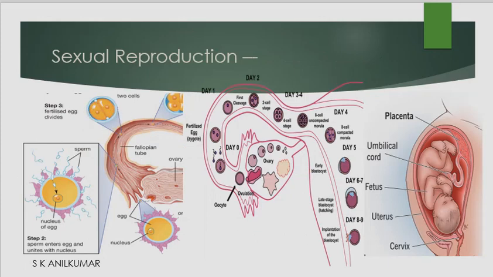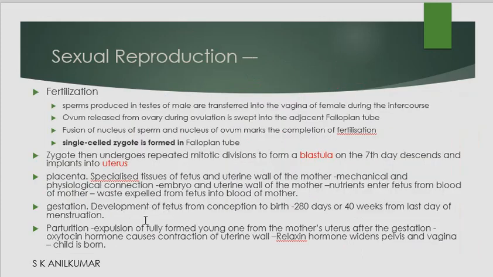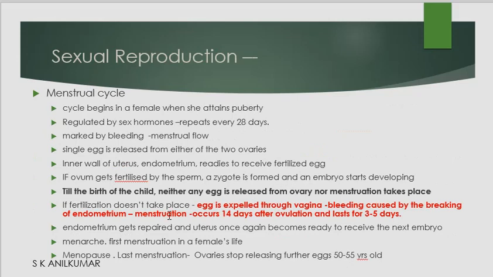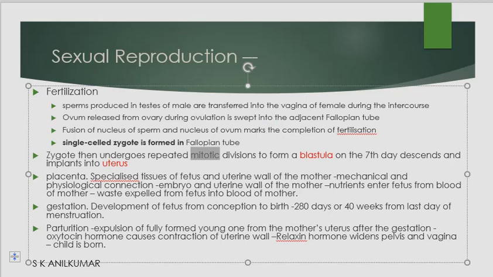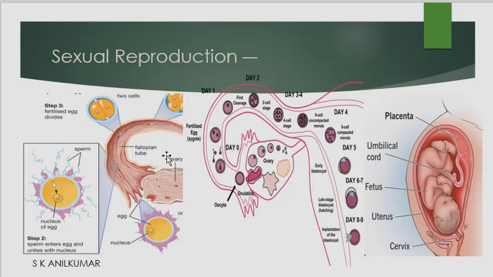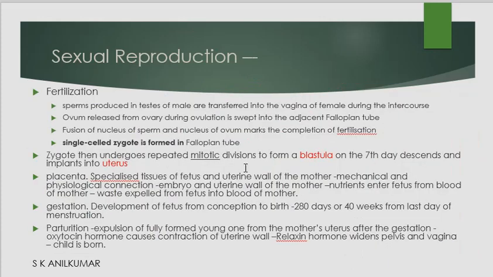So this undergoes mitotic division, for how many days? For 8 days. There is an 8-celled uncompacted morula and then it gets compacted. Once it is compacted, it is called a blastula.